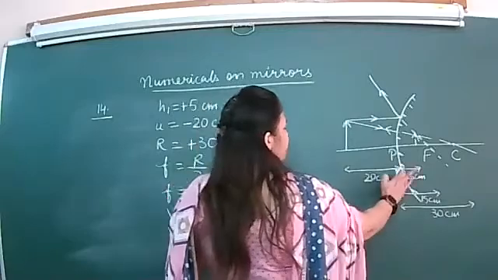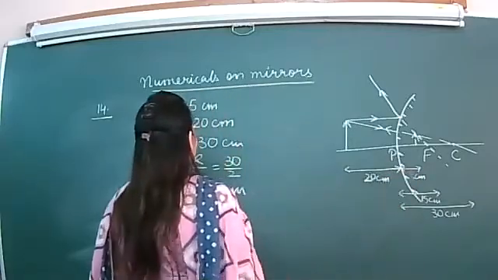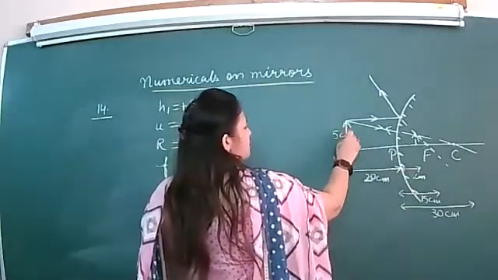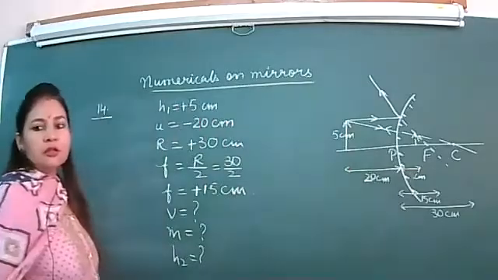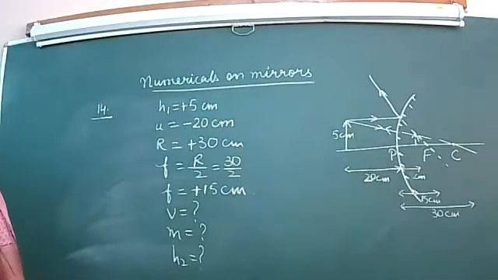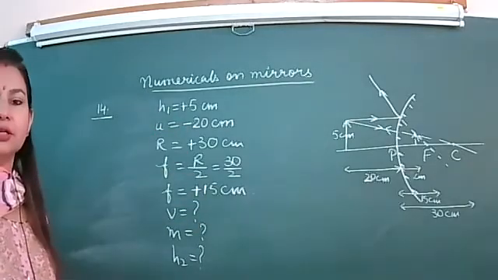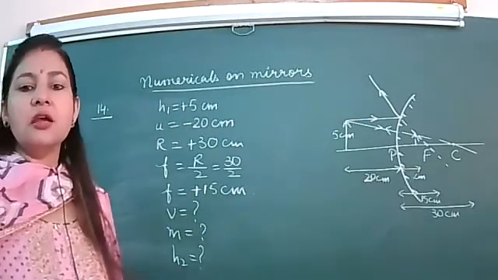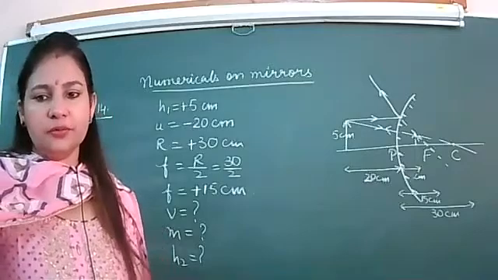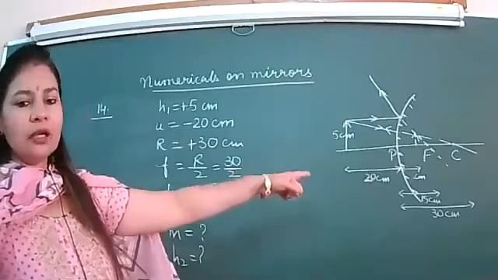Let us check how much V comes. And height of object is also given 5 centimeters. So draw the ray diagram once again and do these new labelings. In this case, U is 20 centimeter now. So draw this ray diagram.